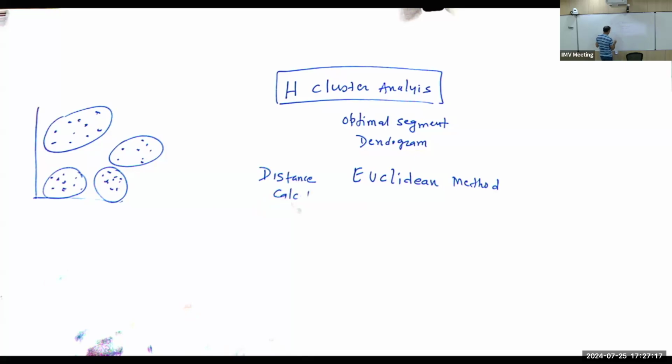For example, I'll give you an example. This is my 2 points. How does the Euclidean method work? 0, 1, 2, 3, 4. This is my x-axis. This is my y-axis. 1, 2, 3, 4.